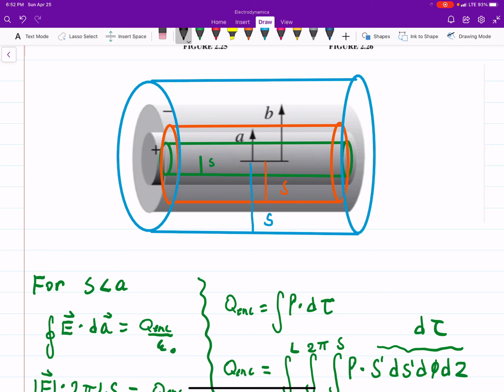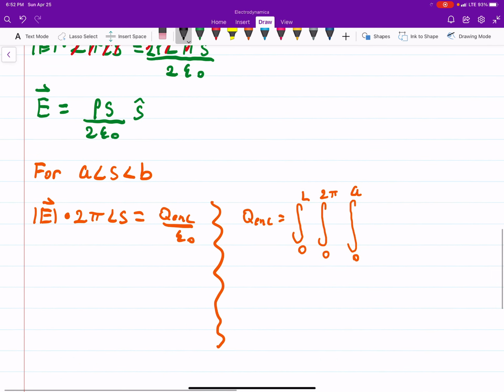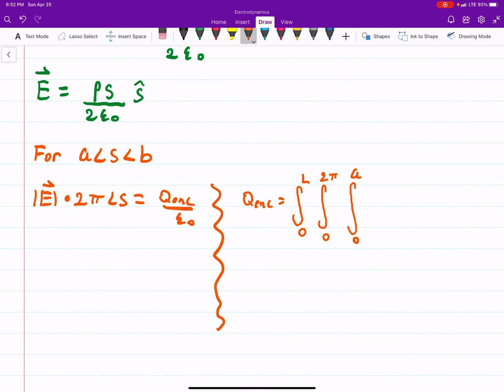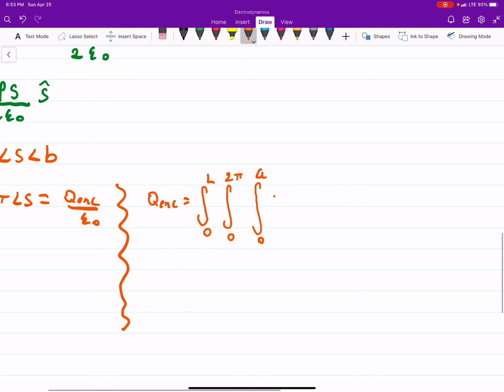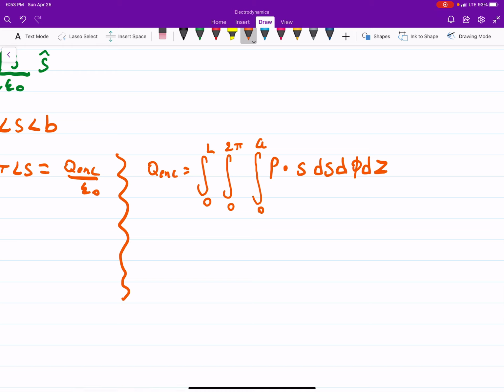So there's no need to integrate to some point in between there. We only have to integrate to this a point right here, because once we do that, we're encompassing all of the charge. So hopefully that makes sense on why that bound is the way it is. We have rho, and then our volume element, s ds dφ dz. And again, the bounds for z and phi don't change.